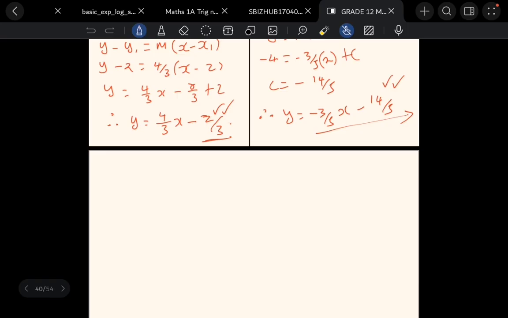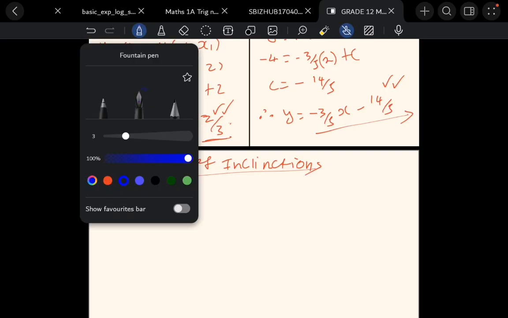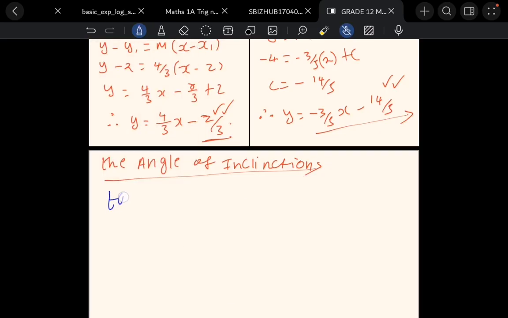Right. Let us look at the angle of inclination. The angle of inclination is given by tan theta equals m. That is the angle of inclination.